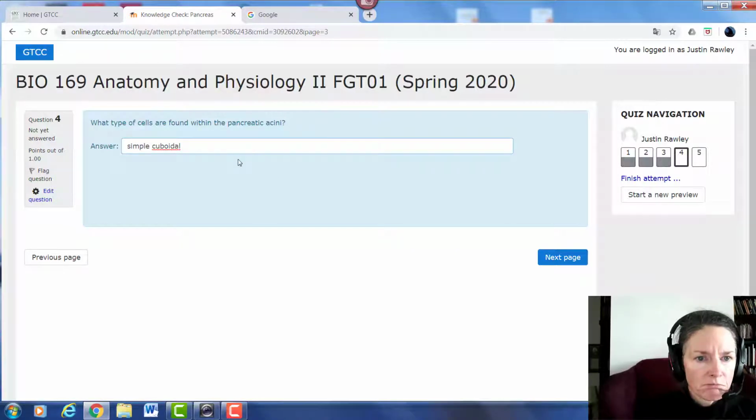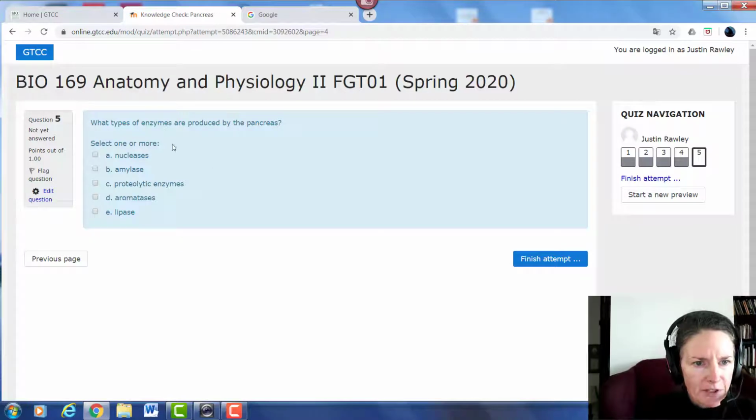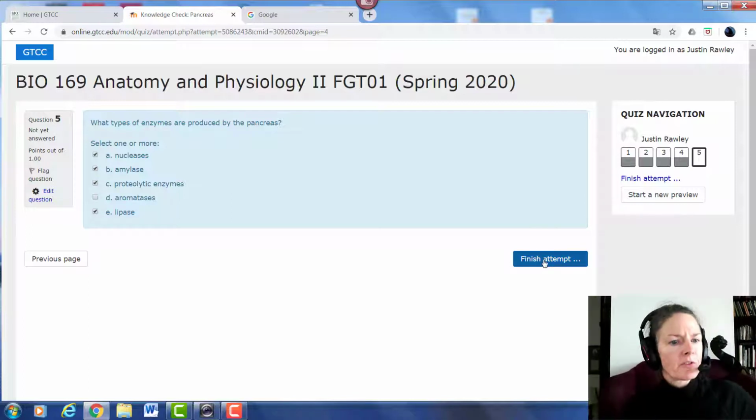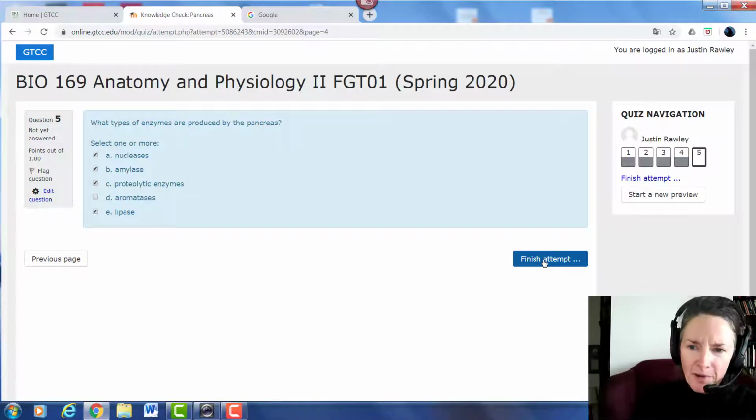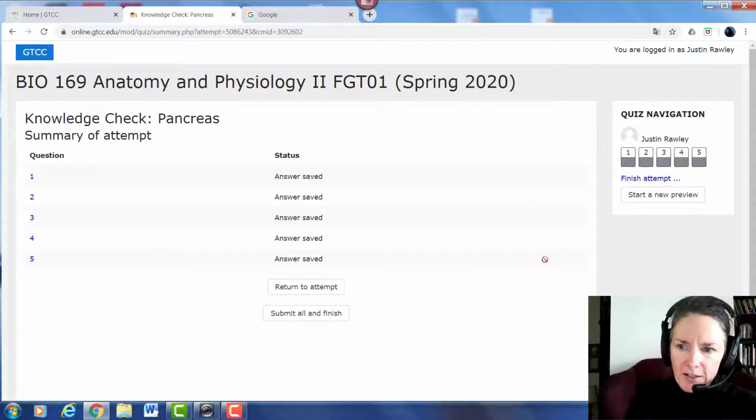Cuboidal. Did I spell it right? Good question. We'll see. What type of enzymes are produced by the pancreas? Nucleases, amylase, proteolytic enzymes, lipases, not aromatases. Nope, we don't see any aromatases in there. Aromatases will convert testosterone into estrogen. Yeah, we're not going to have that going on in the pancreas. All right, let's see what we got.